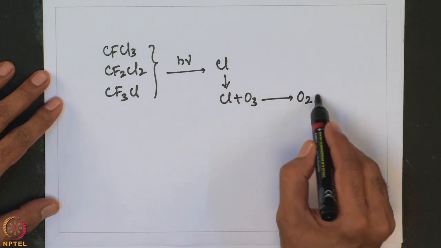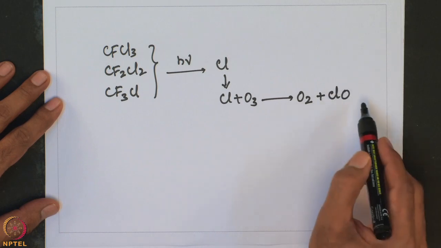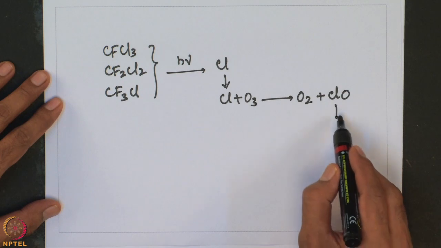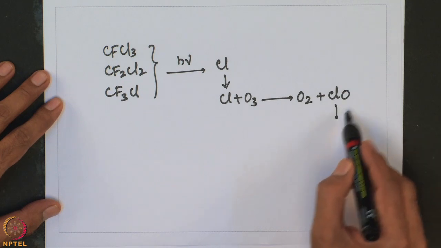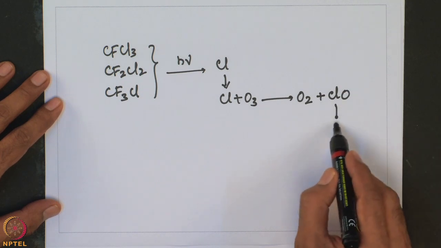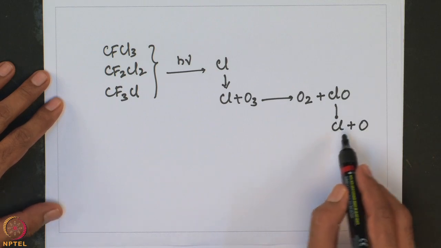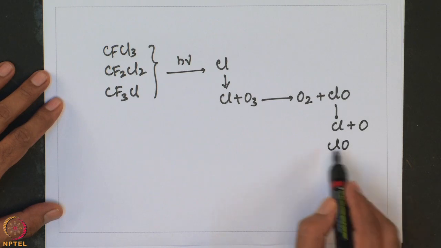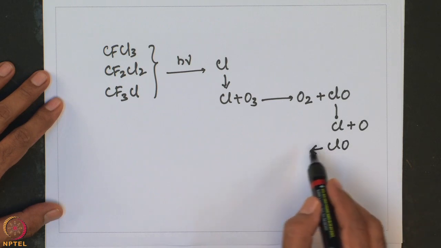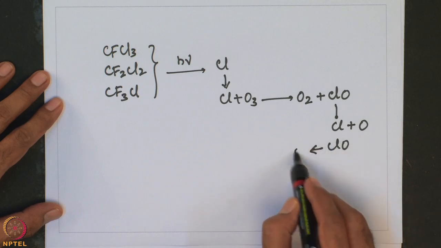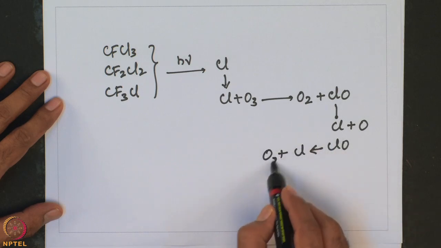form oxygen molecule and ClO, and what happens is it generates Cl plus O, and also ClO can generate Cl plus O2.